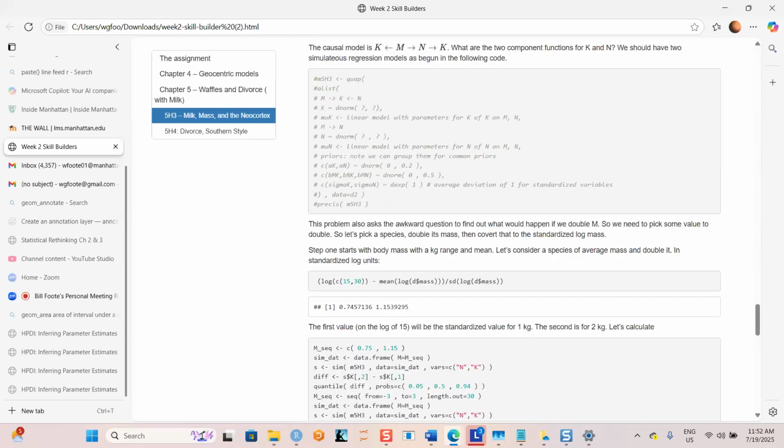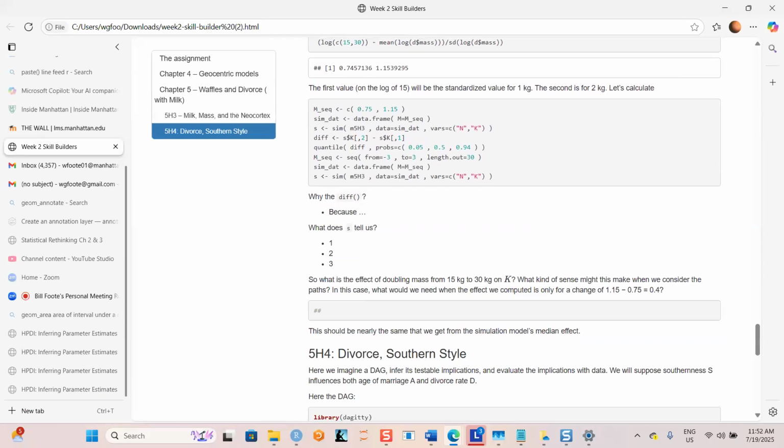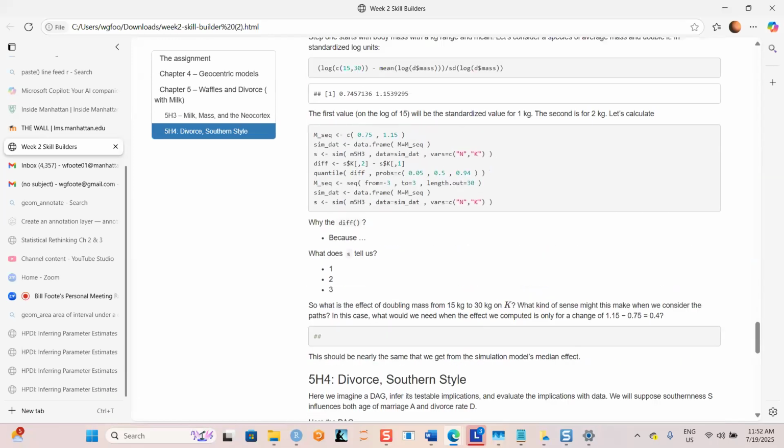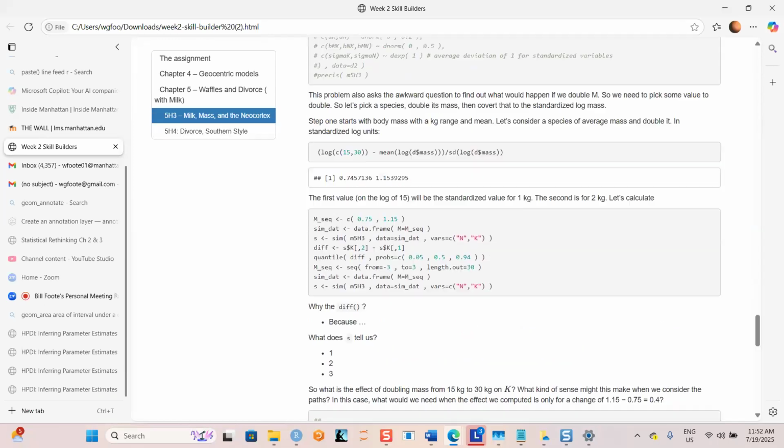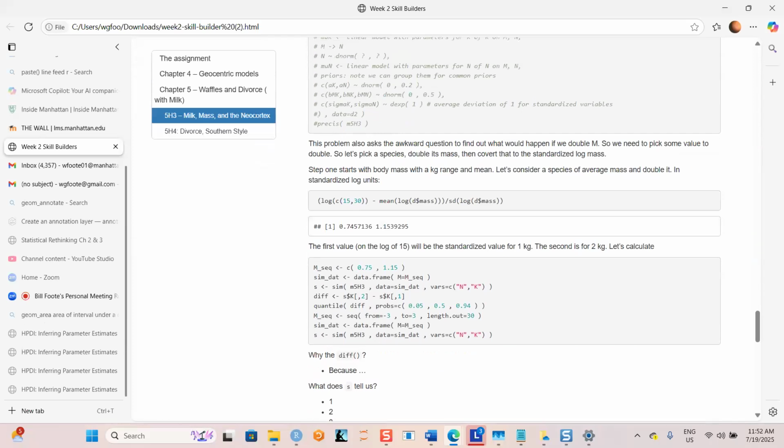And with this, what I want to do is do this sequence of activities in order to build something that I think is helpful for us to see exactly.